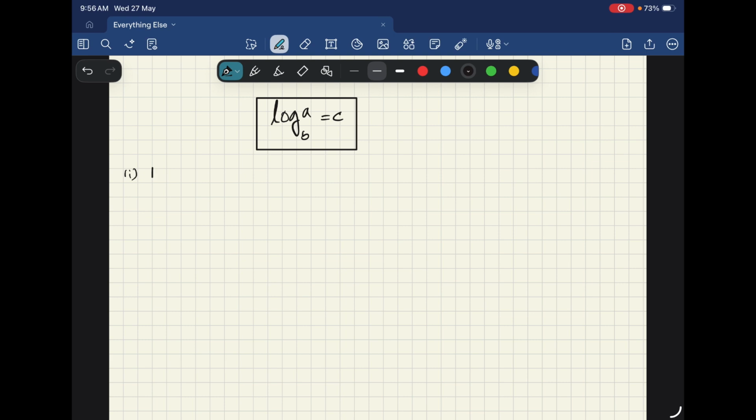So we know that log a base b is c. What that means is b to the power c is a. If I substitute this c value in this, what will I get? I'll get b to the power log a base b is equal to a, right?